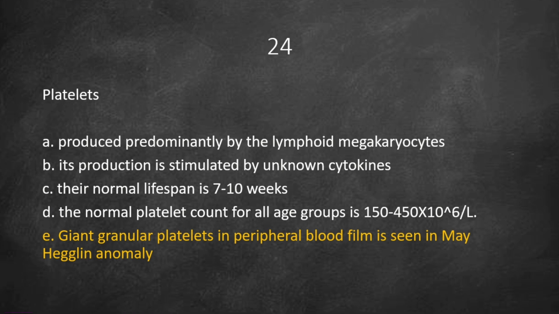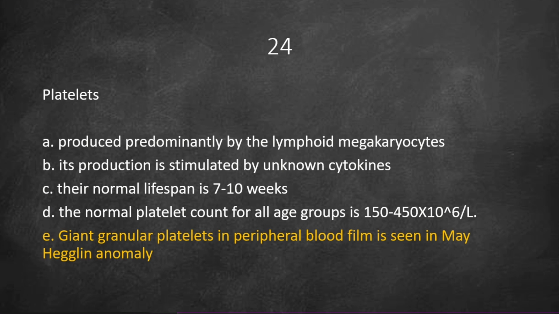Then option D says the normal platelet count for all ages is 150 to 450 microliters. Sorry. So this is generally correct, but then there are certain slight variations for different ages, so that's why we are not accepting this answer.